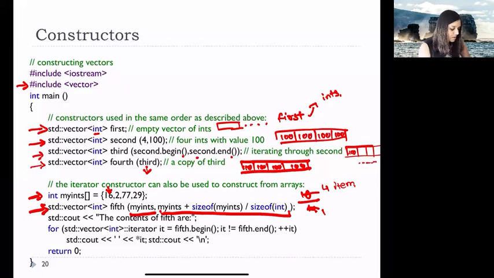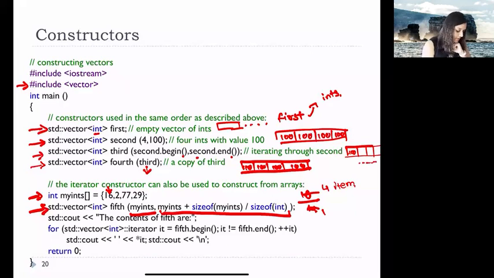Let's continue. So myint, we are telling the vector fifth to begin copying items from the address of the first item of myint, and copy until what? Copy until you are done copying 4 items from that first address.